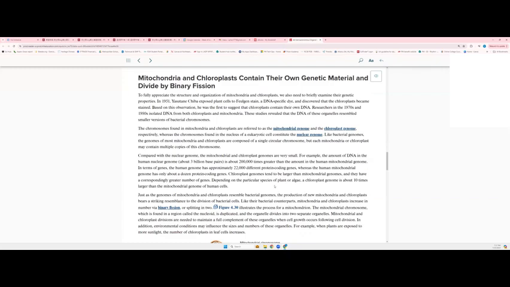And they compared the mitochondrial and chloroplast genomes with the nuclear genomes. They found that mitochondrial and chloroplast genomes are very small compared to nuclear genomes. For example, the amount of DNA in the human nuclear genome is about 200,000 times greater than the amount in the human mitochondrial genome. And in terms of genes, the human genome has approximately 20,000 different protein coding genes, but the human mitochondrial genome has only about a dozen protein coding genes.